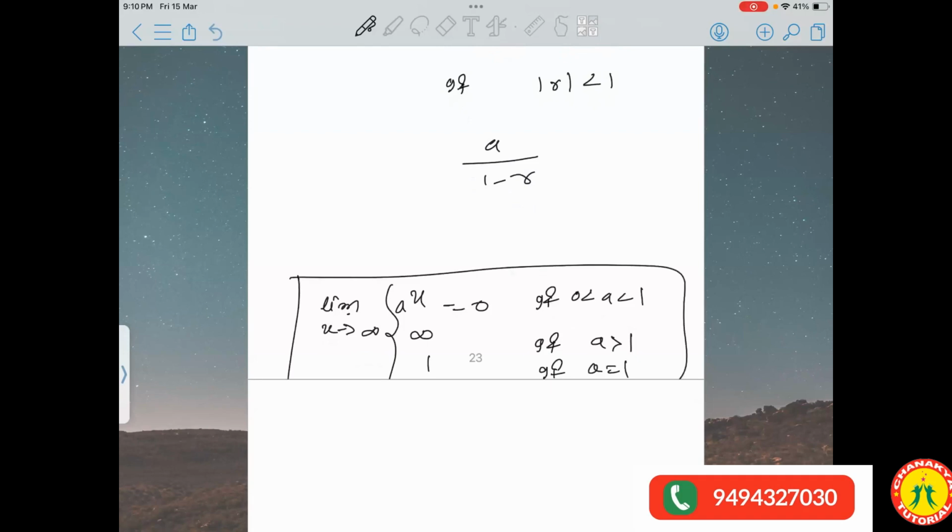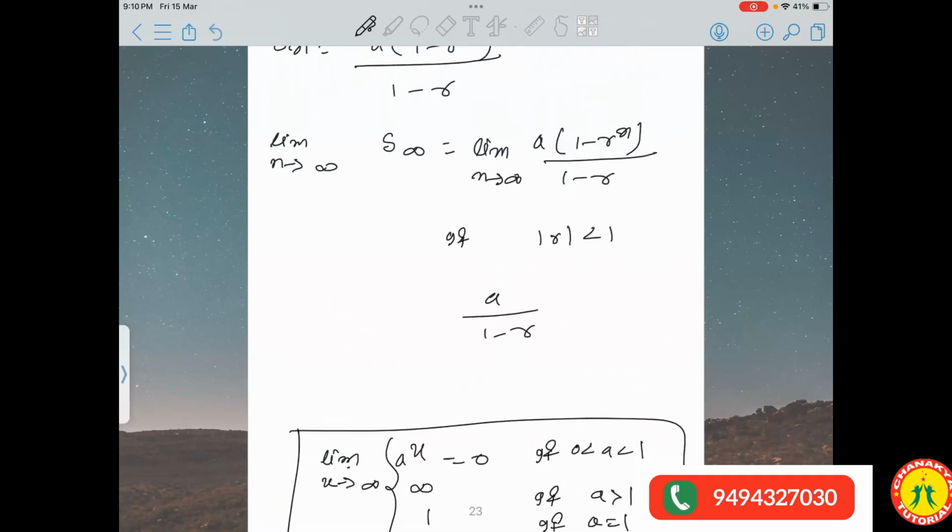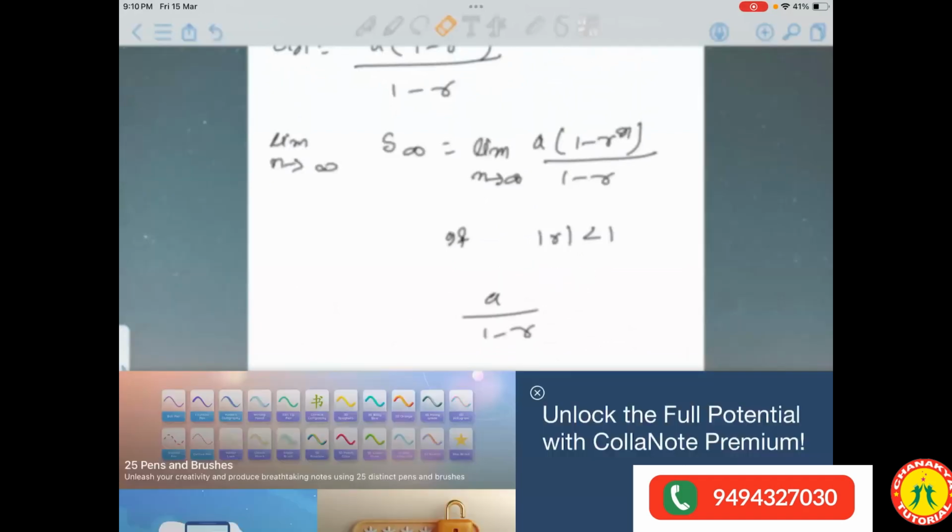So here the base is r, and S infinity is only valid when r lies between minus 1 and 1.